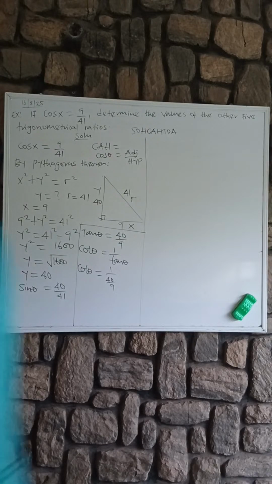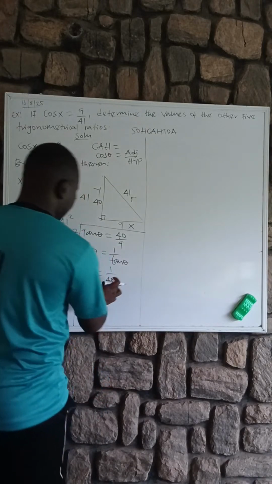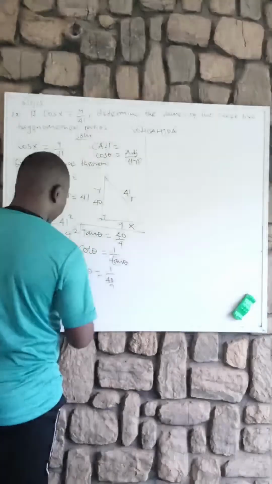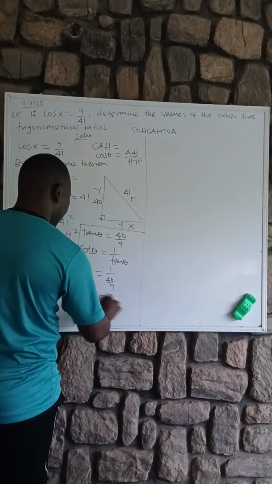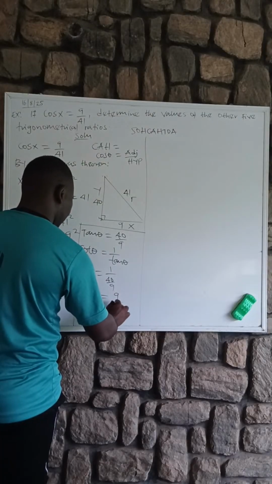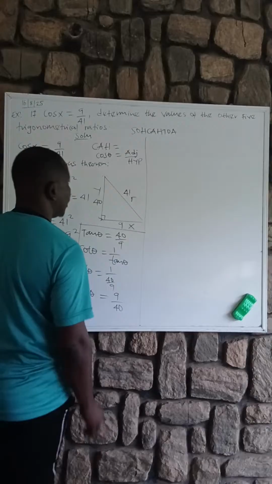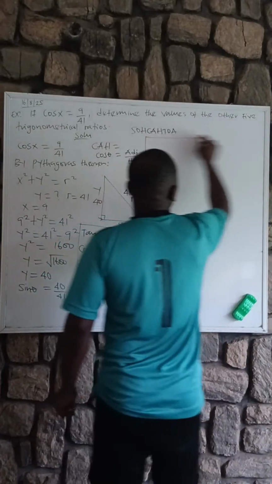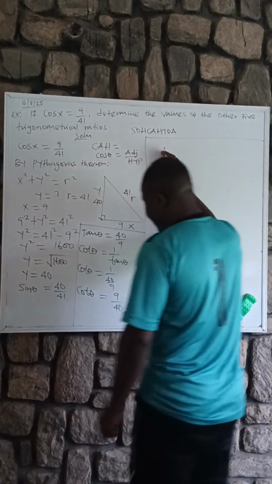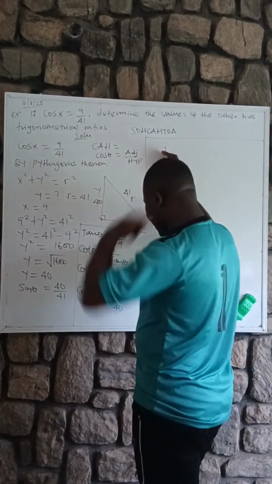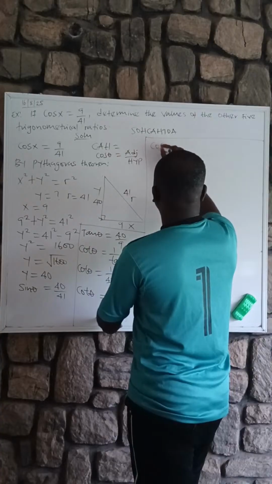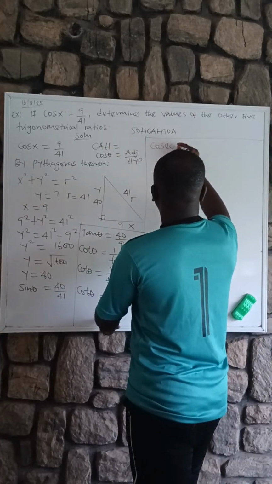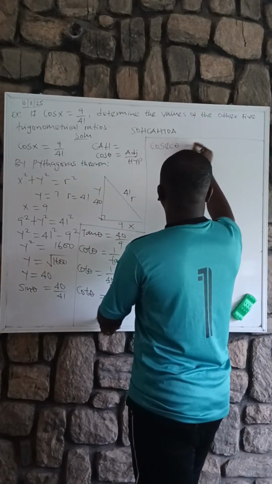So after everything, our cot theta will be equal to 9 all over 40. Okay? Then let's move further to consider cosec theta.